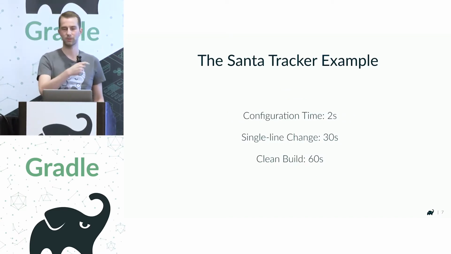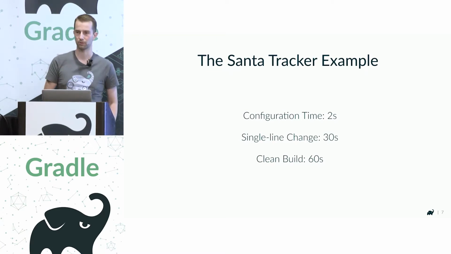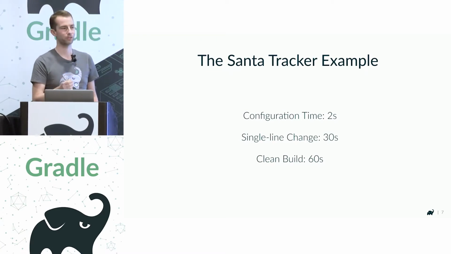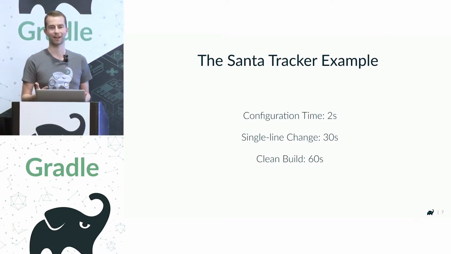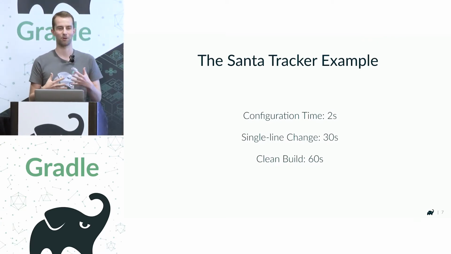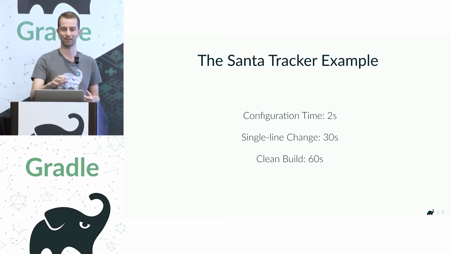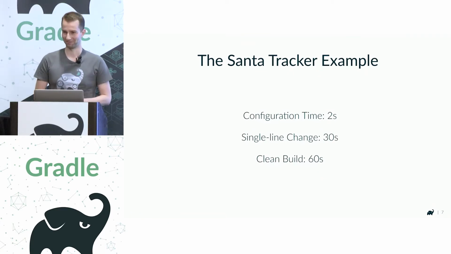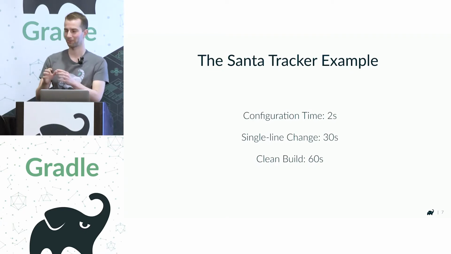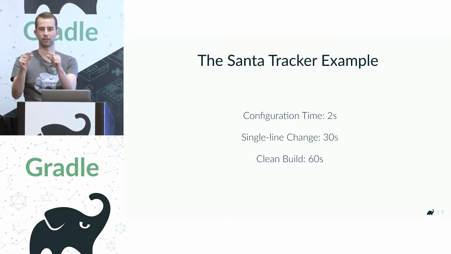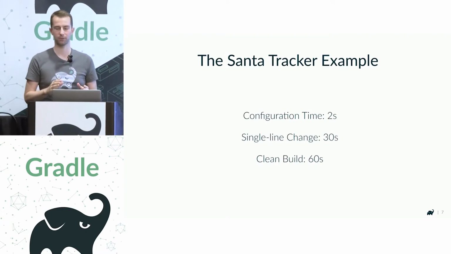And the performance numbers when I started out with this project were like this. Configuration time, so just calling Gradle help, takes a full 2 seconds. Just this awkward pause when you say, Gradle, do something, like, okay, here's what I'm going to do. The single line change scenario, so you just take a source file and you change a single method body, not even changing the API of a class.